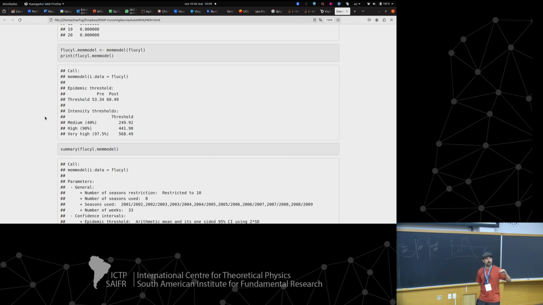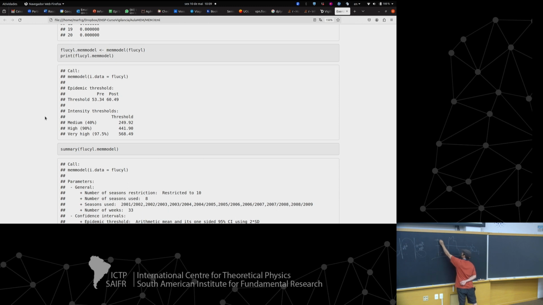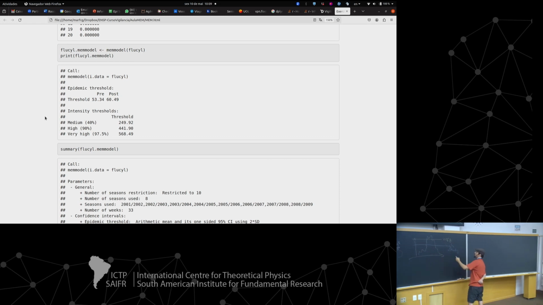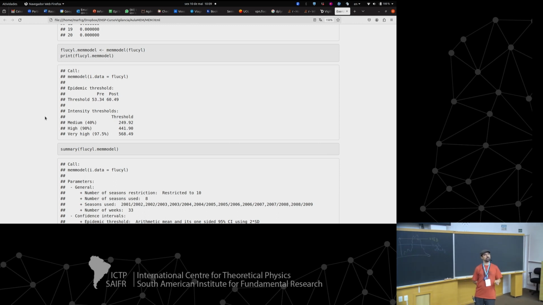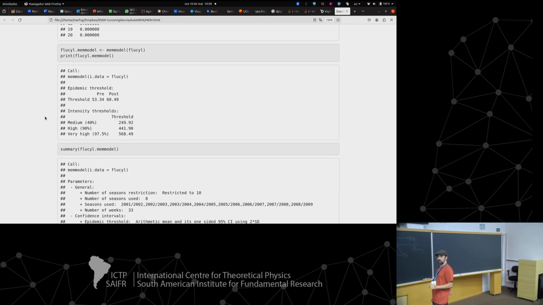Now, for a significantly high activity season, of course, if it crosses the very high activity threshold at least once, this is already enough for me to classify a season as being extremely intense.